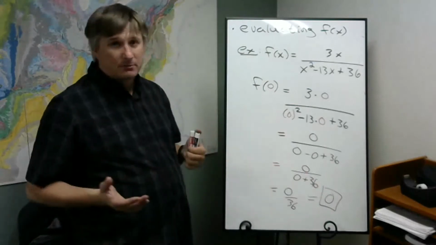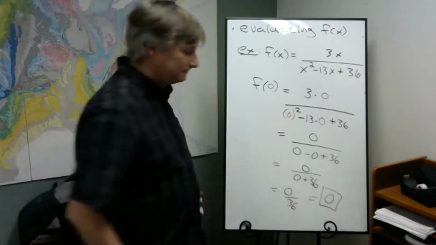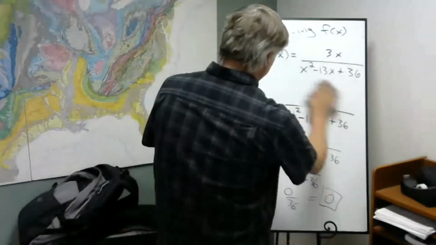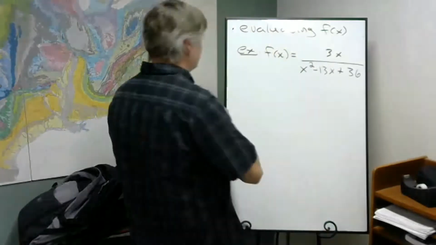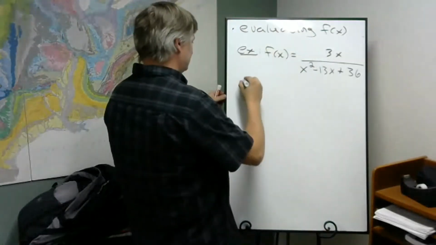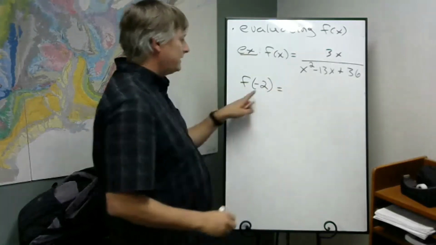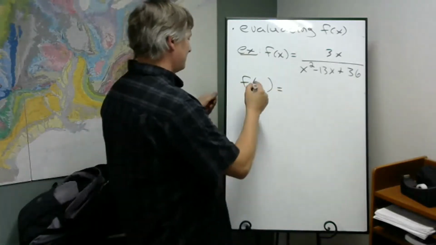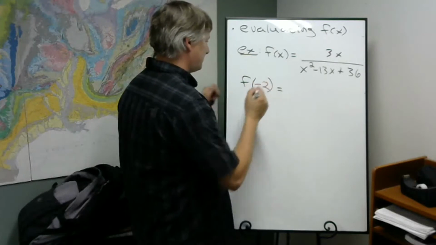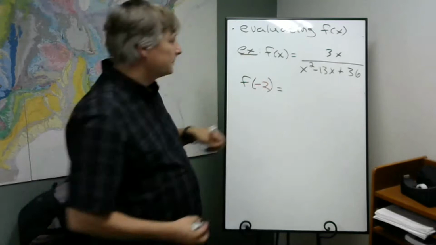Now let's say we had a different number. Instead of x being 0, let's say it's negative 2. So again, I'm going to use my other pen here. We're going to replace x with negative 2.